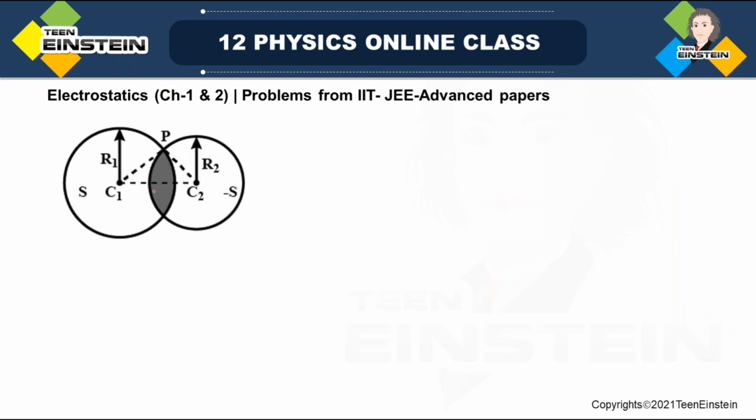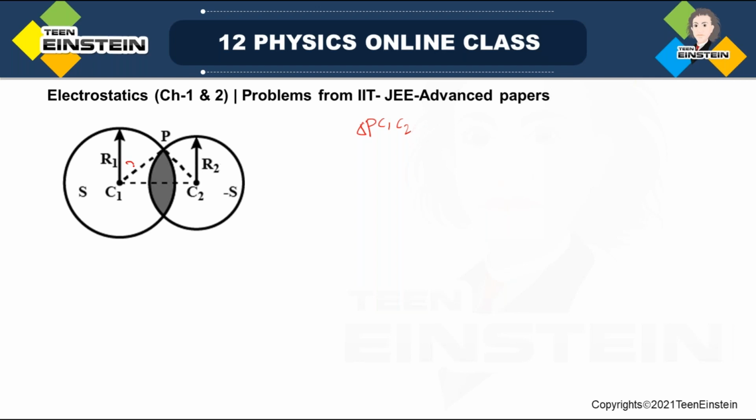So let us consider this figure. These are radii r1 and r2, and let us consider this particular triangle P, C1 and C2. Here I'm considering the position vector of P with respect to the centers C1 and C2 of the spheres.